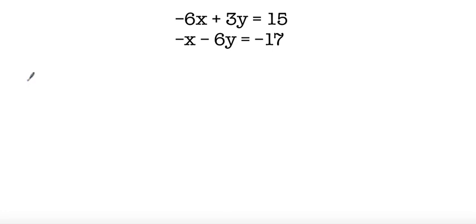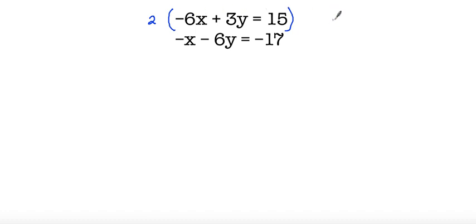Okay, so here we have another one, and again, we don't have opposite coefficients for our x, and we don't have opposite coefficients for y. So we could take either and multiply it. So I could actually take this first equation and multiply it by 2, because if I multiply 3y by 2, I would get positive 6y.